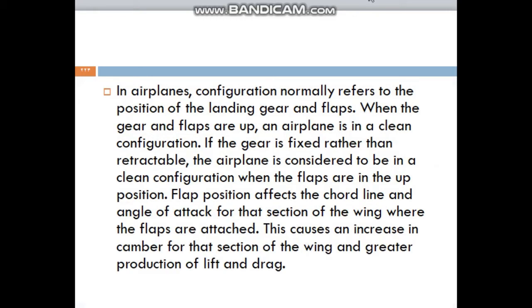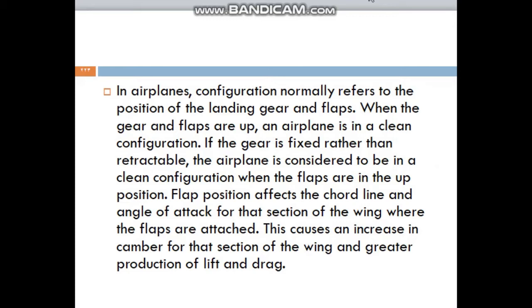In airplanes, configuration normally refers to the position of the landing gear and flaps. When the gear and flaps are up, an airplane is in a clean configuration. If the gear is fixed rather than retractable, the airplane is considered to be in a clean configuration.